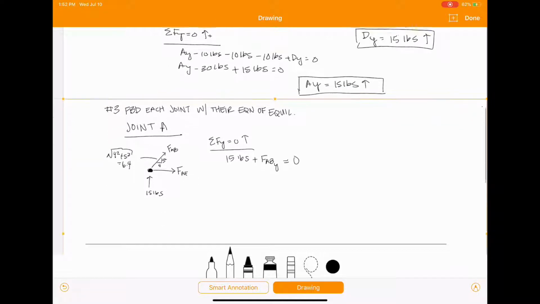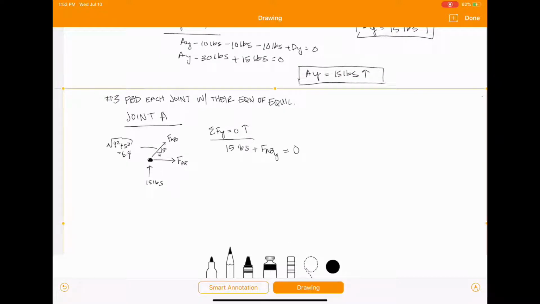So now that we have the slope of that line and we figured out the hypotenuse, we can now figure out the Y component of the FAB force.